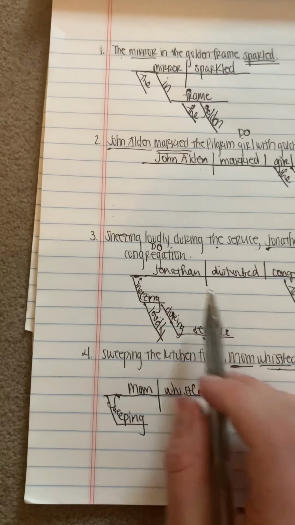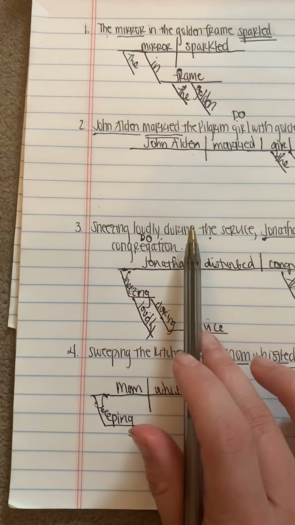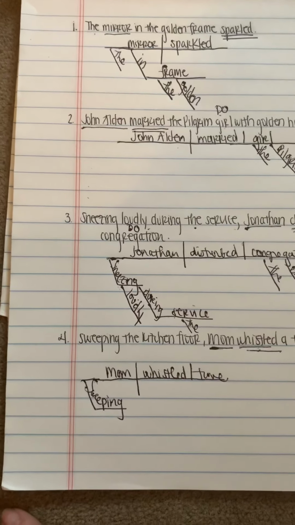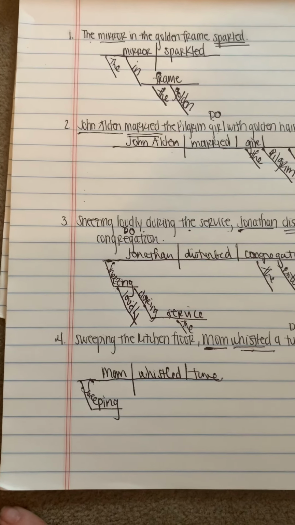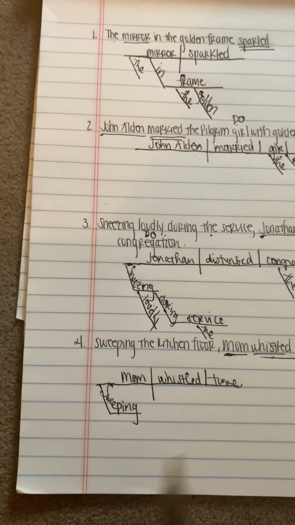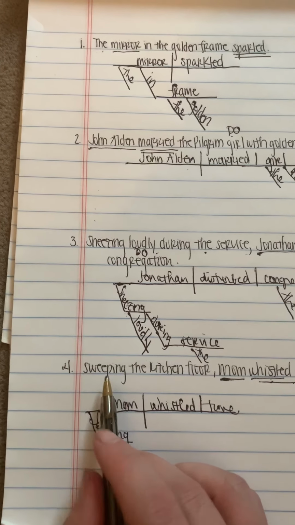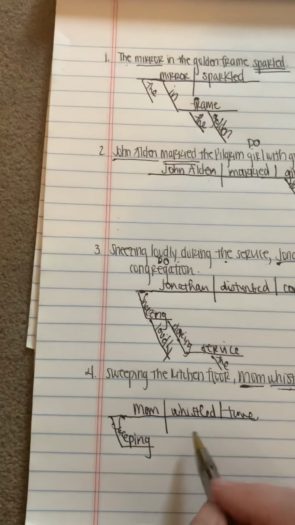So we don't have, like up here, we had an adverb. We don't have that. We don't have a prepositional phrase. So the only other option it can have is a direct and indirect object. So that's what we need to look for. So we ask ourselves, she was sweeping what? Floor.